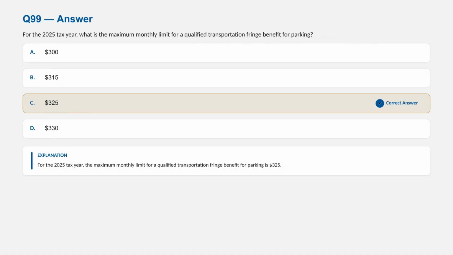The correct answer is C. $325. For the 2025 tax year, the maximum monthly limit for a qualified transportation fringe benefit for parking is $325. Great. Now let's move to our final question.